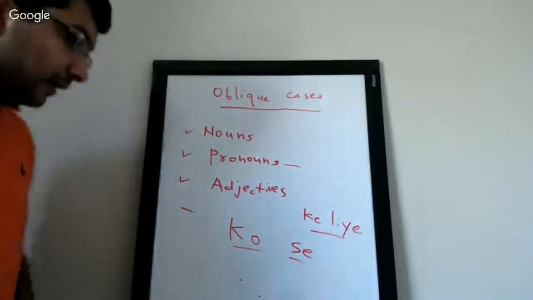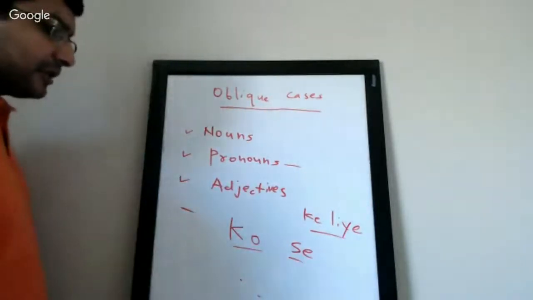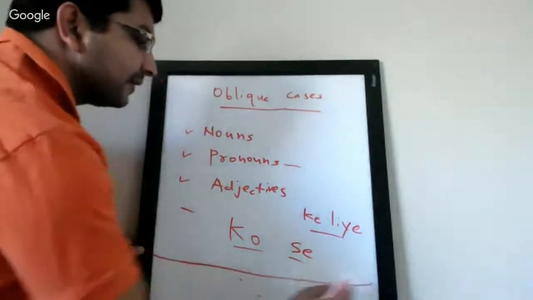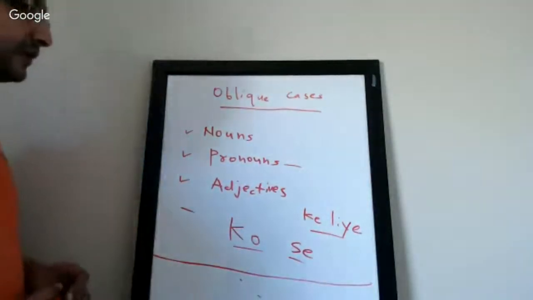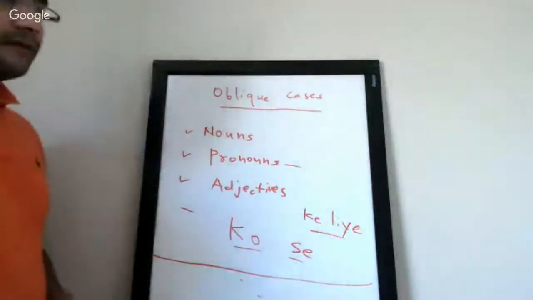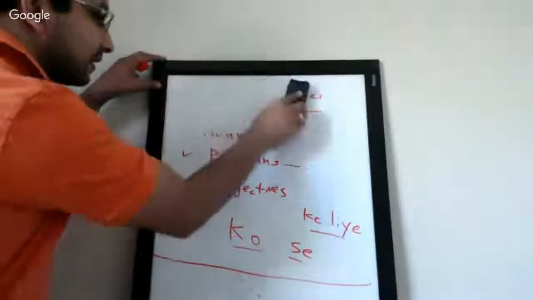In this class, we'll continue with the same topic, but look at different postpositions. As always, feel free to ask questions or write down your comments, and we'll cover them. So let's get started.